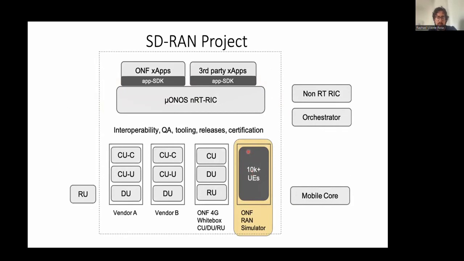And it was coded to validate the service models that were developed and enabled by the SD-RAN project, in a way that the same service models that can be enabled and functional in the RAN simulator, if supported by other components, can be integrated in different components, such as the KPM service model that was enabled in the ONF RAN simulator, this white box 4G CU-DU components, and also it was enabled in a vendor component, in this case, the 5G Radisys CU-DU components.